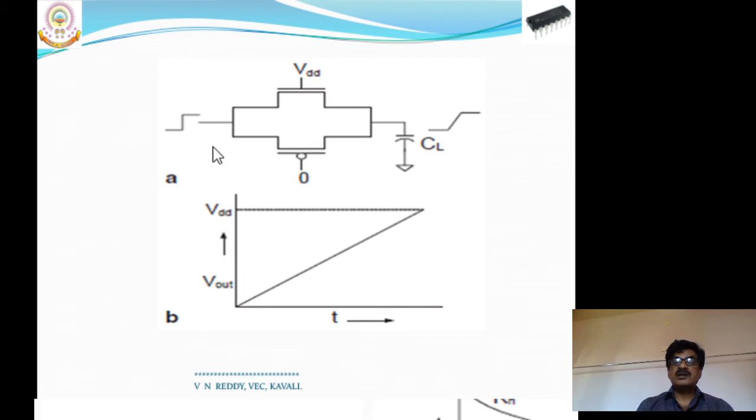So with the VDD input like this, at the output you can observe a ramp type of voltage variation from VSS to VDD. With reference to this output voltage variation, slowly from 0 to VDD, let us see what the operating regions of the Nmos transistor and Pmos transistor are, and their corresponding resistances.